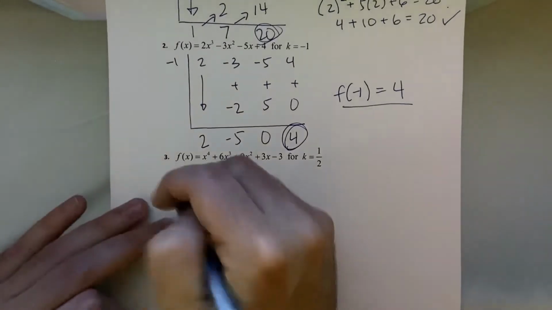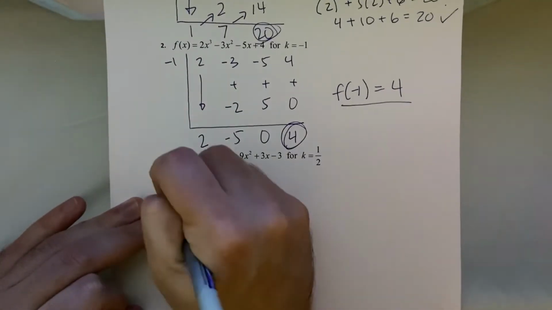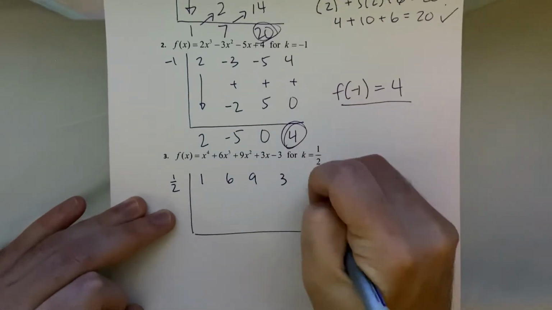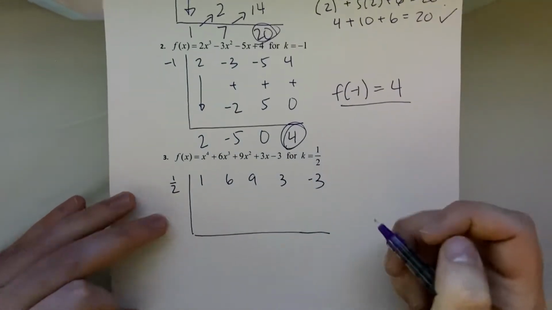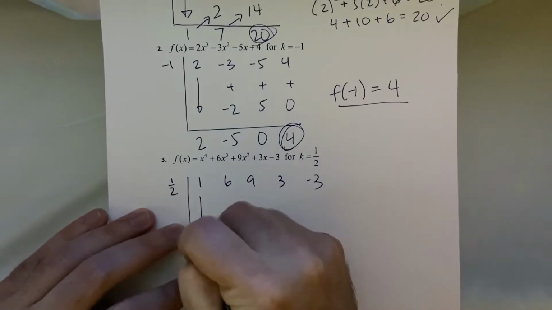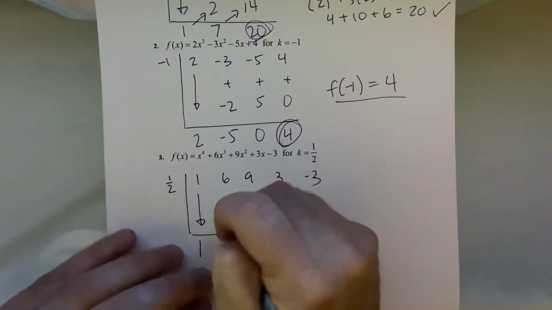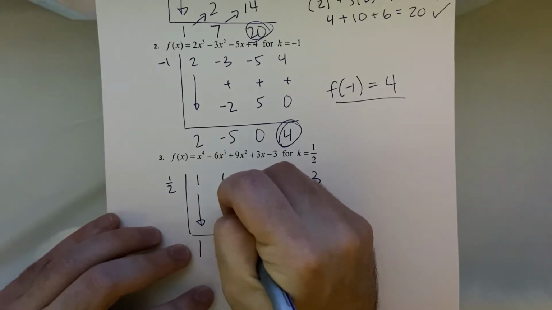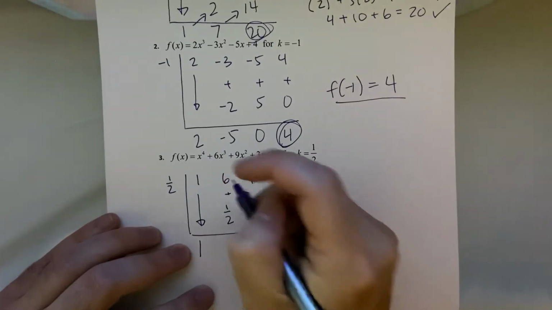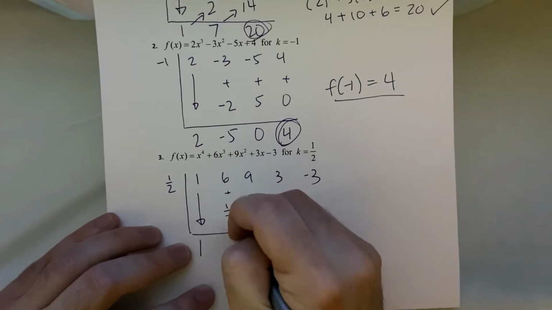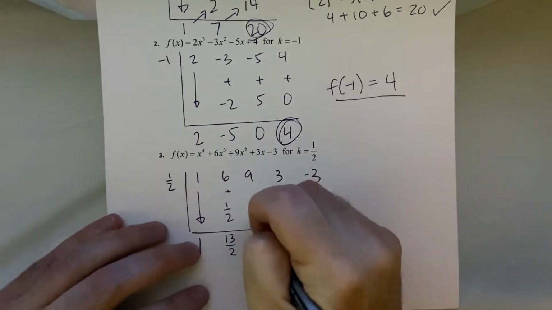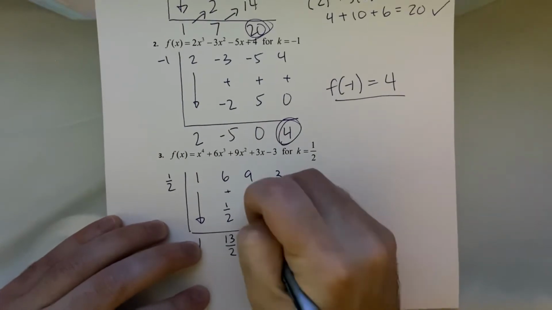And of course, we can do this with fractions. 1/2 on the outside, 1, 6, 9, 3, -3 on the inside. 1 comes down. 1 times 1/2 is 1/2. 6 plus 1/2, that's 12/2 plus 1/2 is 13/2. 13/2 times 1/2 is 13/4.